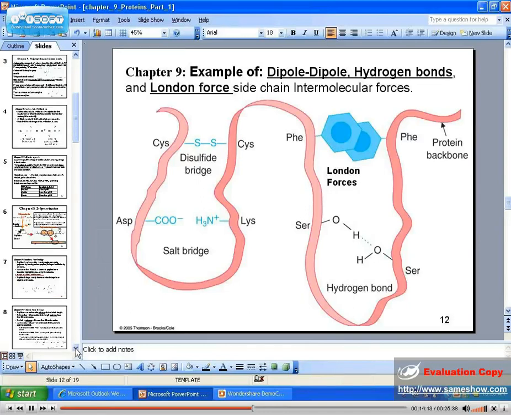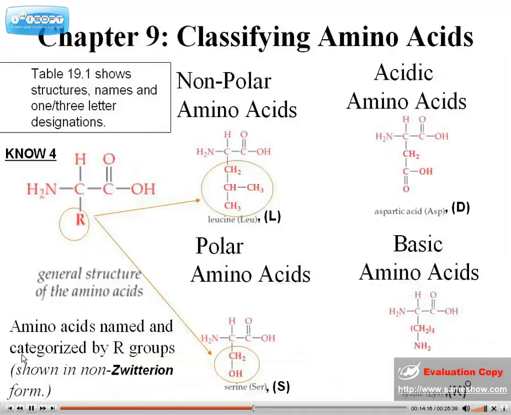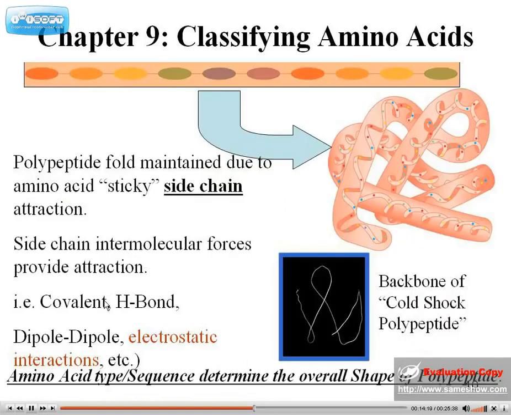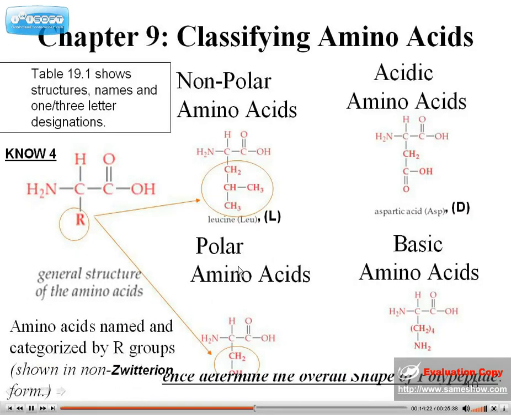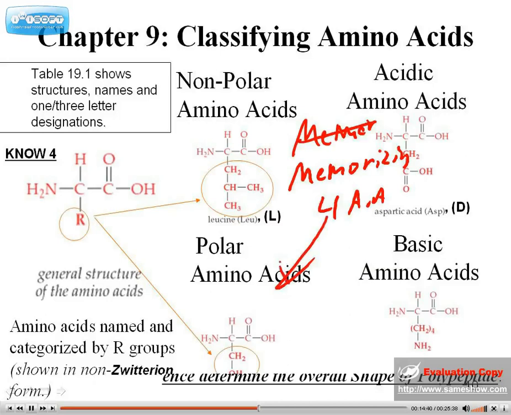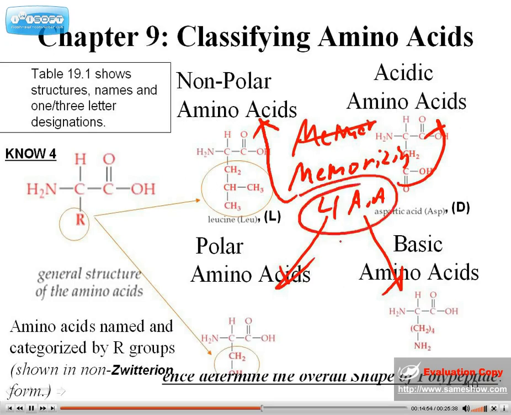You are responsible for memorizing these 4 amino acids. There are 20, technically there are 22, 2 of them are kind of weird, but we're not going to get into those. There are 20 amino acids. You're only responsible for knowing 4 of them. You need to memorize these 4.